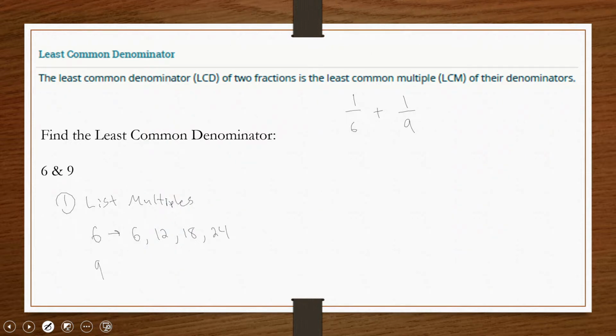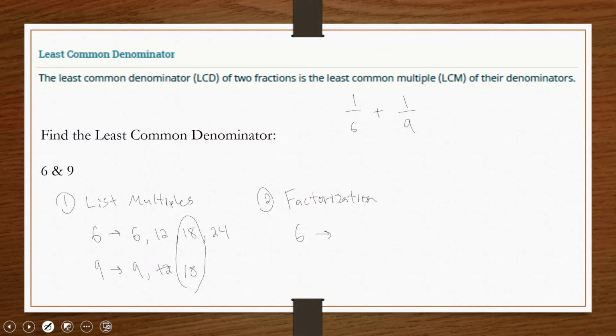For 9, we could do the same: 9 times 1, 9 times 2. Well, we can actually stop at this point because we reached our first common term, 18. There's another method here as well where we use the factorization of each of these terms to create our LCM.